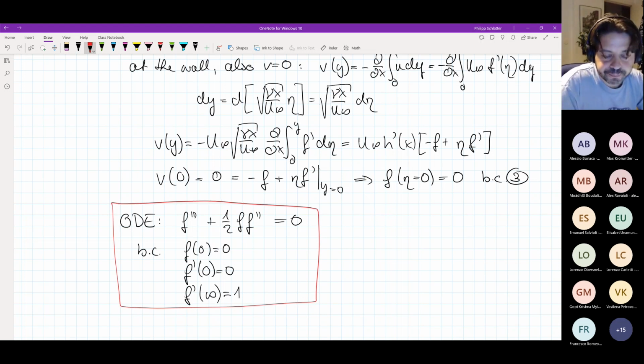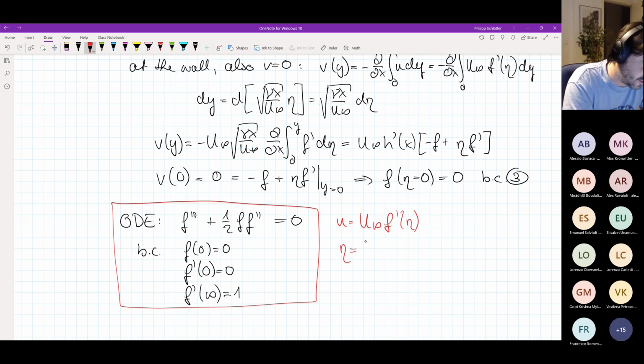And then if I want to go back to the velocities once I have this, my u would then be u infinity times f prime of eta. My eta is y divided by delta. My delta is square root of nu x divided by u infinity. And then finally, we also have the v.